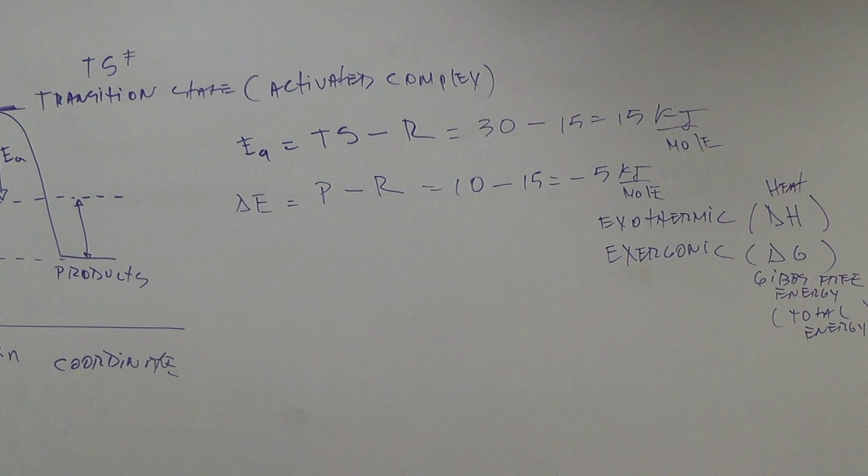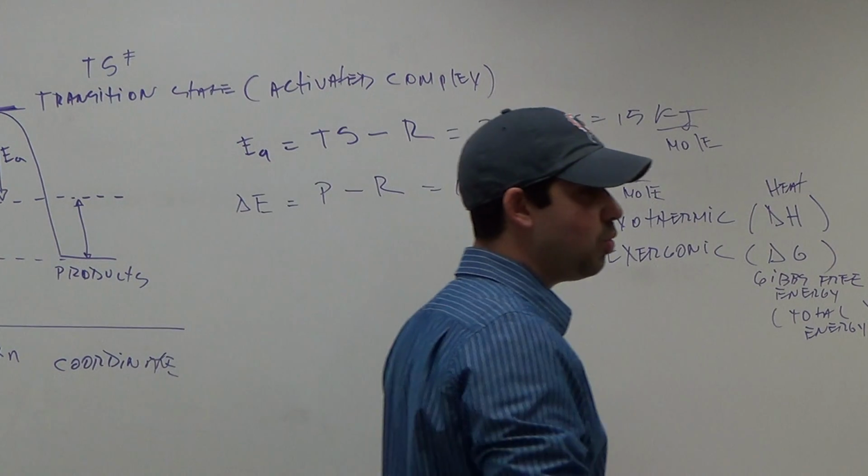It does not change. And now, I am not finished telling you, because biologists will say energy of activation changes when you add a catalyst, okay? Which is not true. But it is true, but it's not true. If you are confused, don't you worry about it.